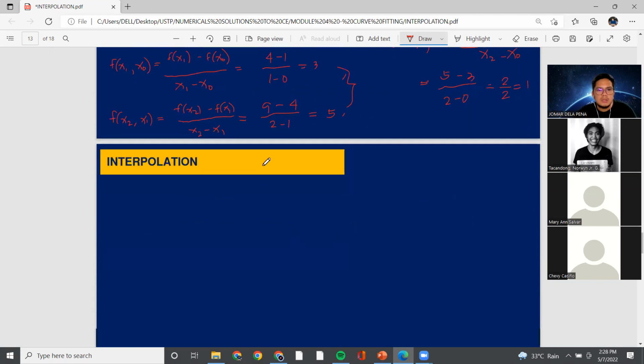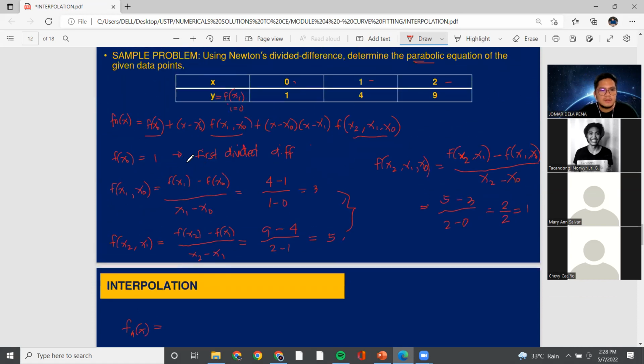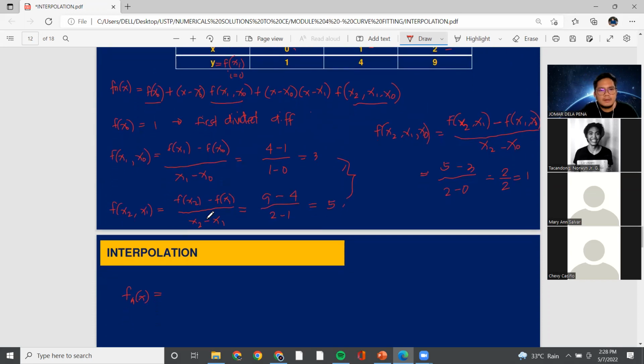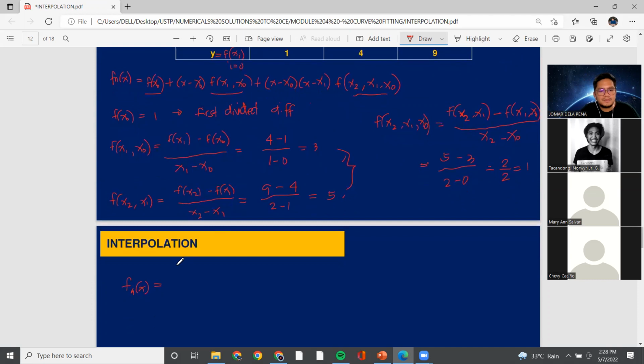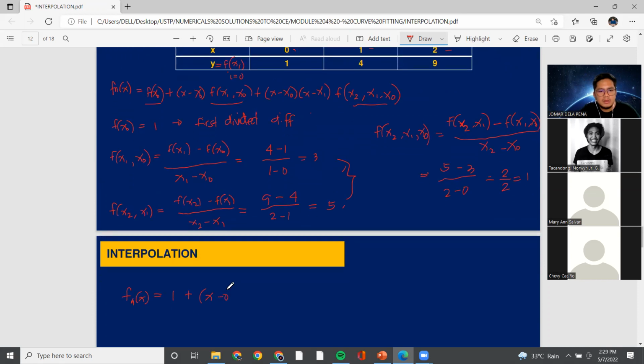So ito siyang i-substitute. So we have the function of x. First is 1, no? 1 plus x minus x sub 0. We have x. Pila tayong x sub 0? Is 0. Minus 0.